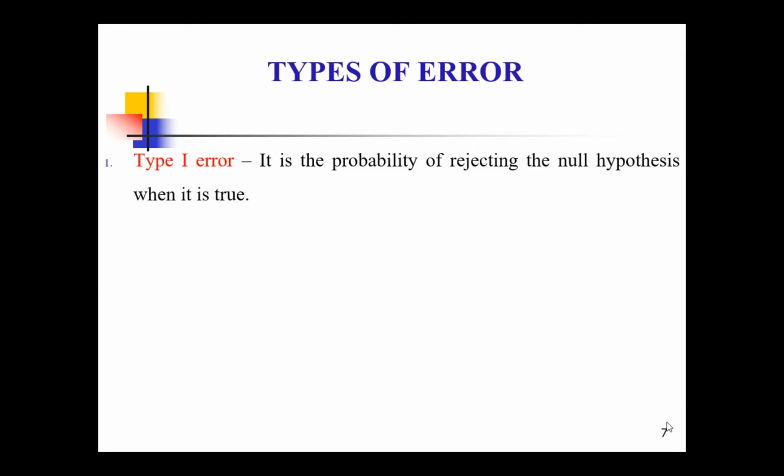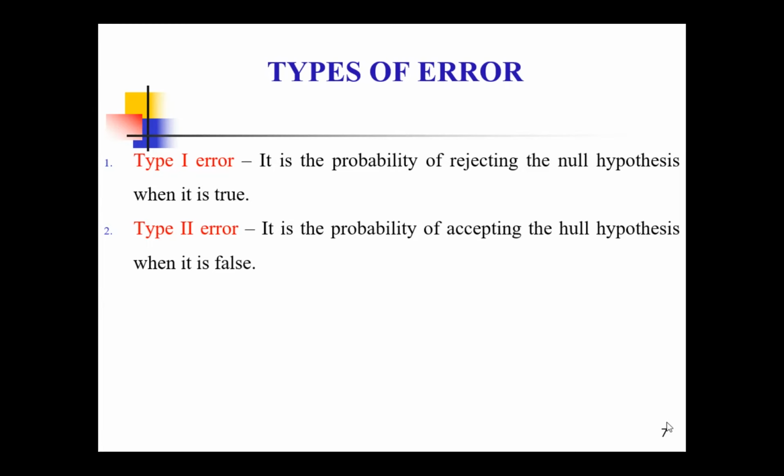I have made an assumption, which is the null hypothesis, and the alternate to it is the alternate hypothesis. Because of some error, even though my assumption is correct, I am going to reject that assumption, and that comprises the type 1 error.